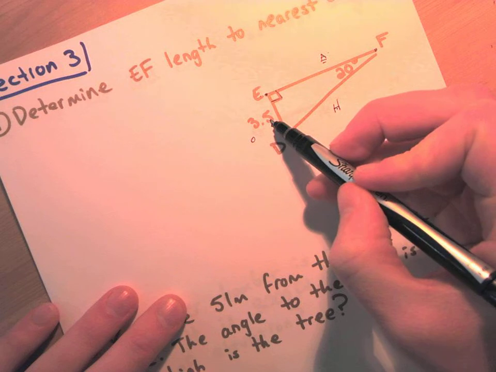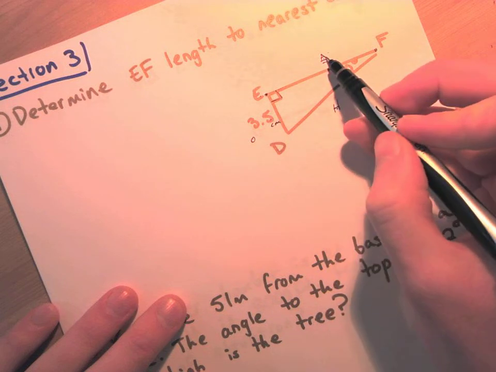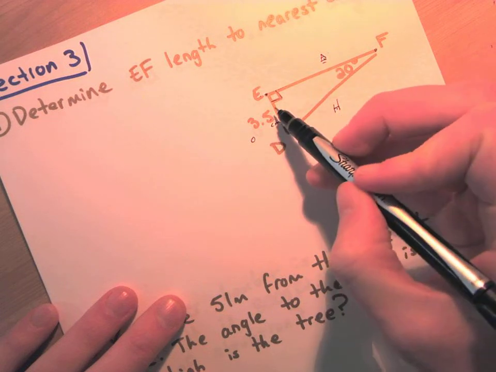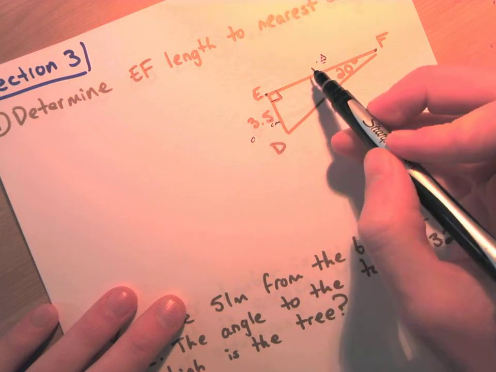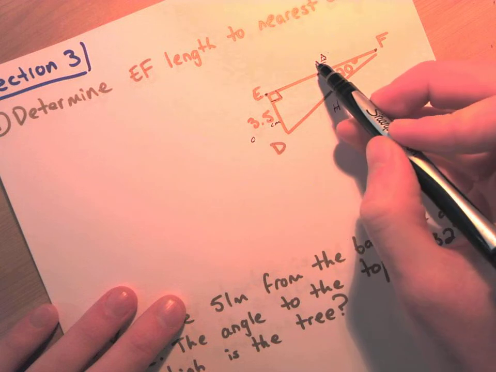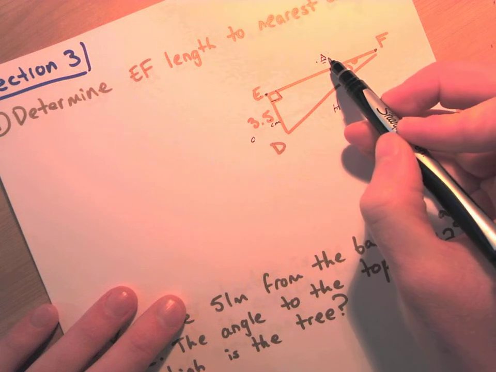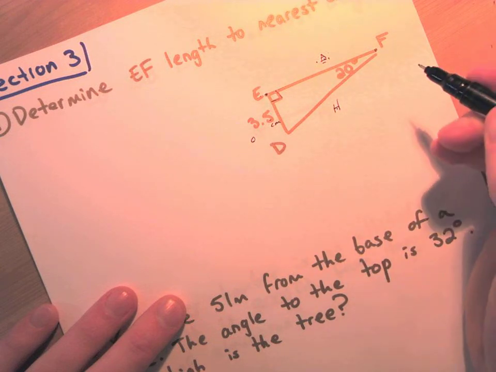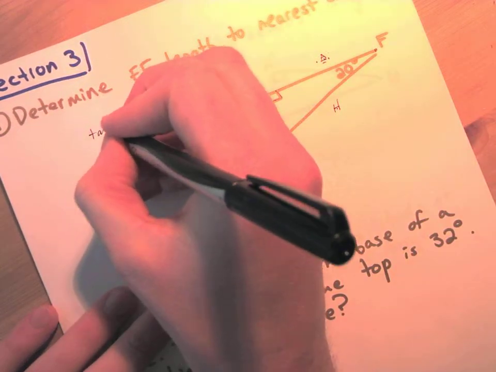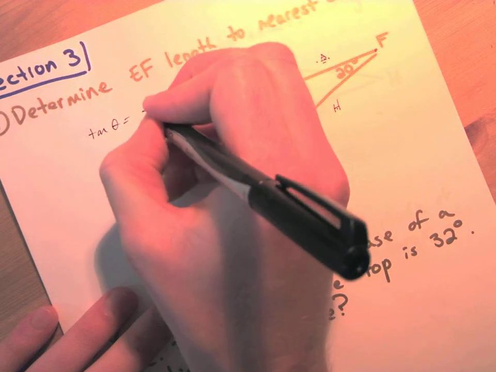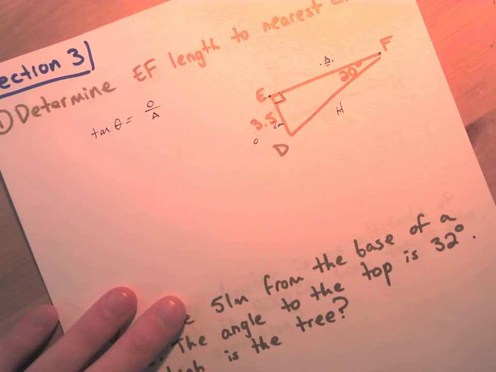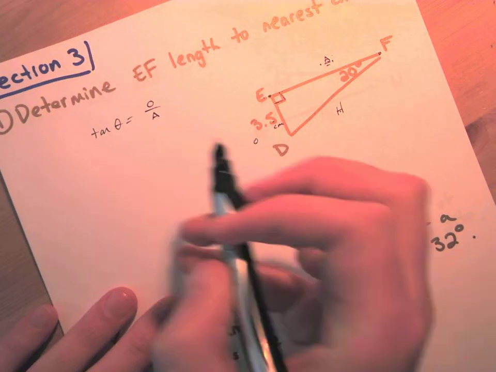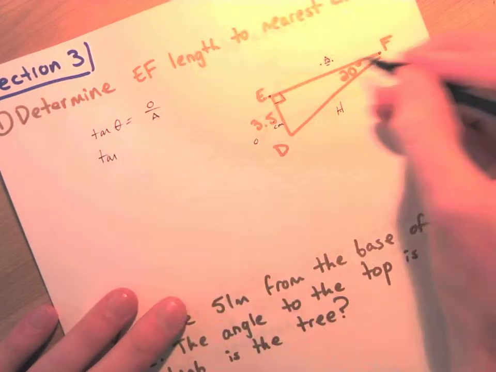So that means we know this side, and we want to know this side. So that means we got to use O and A. What equation uses O and A? There's only one, and that's tan theta is O over A. So tan, our angle is 20 this time.